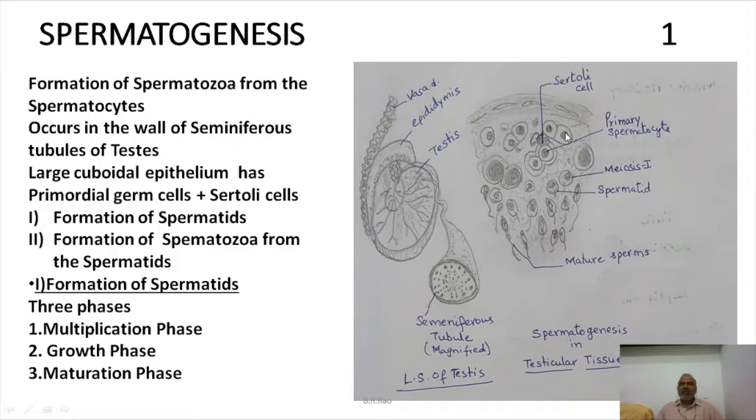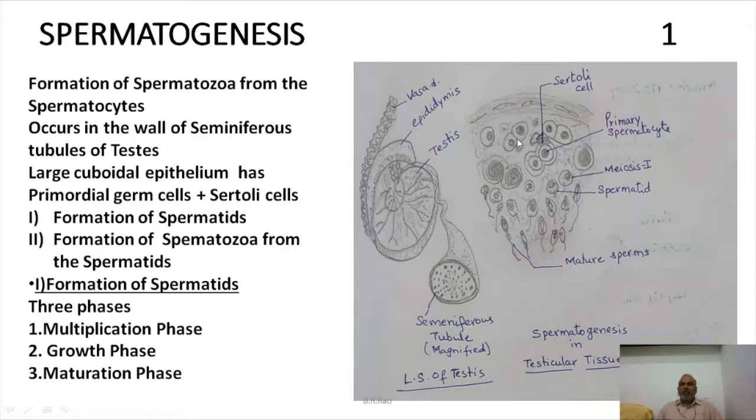They are called spermatogonia. They are called primordial germ cells. The primordial germ cells are formed during embryogenesis itself. During embryonic development, the gonads will have certain cells, and those cells are called primordial germ cells. By the side of these primordial germ cells, you can also locate other cells called Sertoli cells.